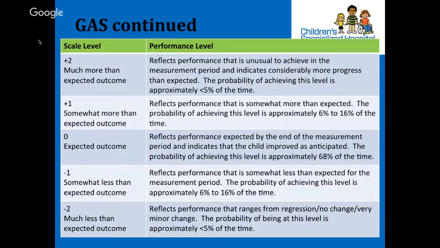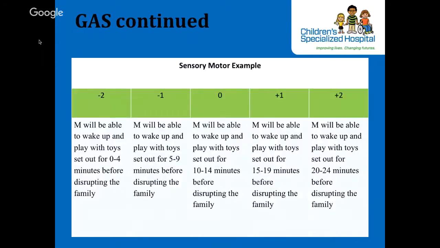So when you're writing the goal at each level, only one variable of the goal can be changed to make it measurable. For our example, for M, our goal for him was to be able to wake up and play with toys set out for him for 10 to 14 minutes before disrupting the family. When we look across all goals from -2 to +2, only the time has changed.